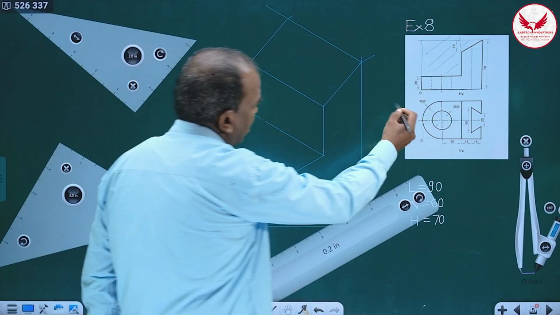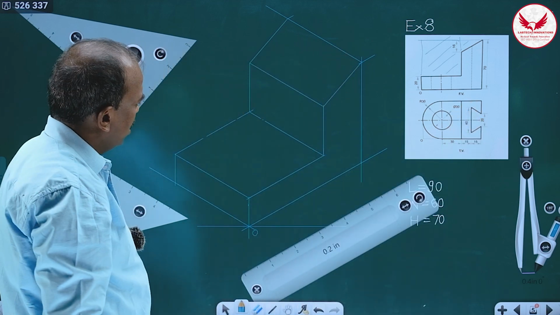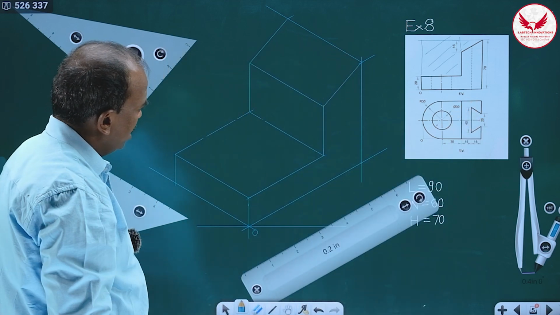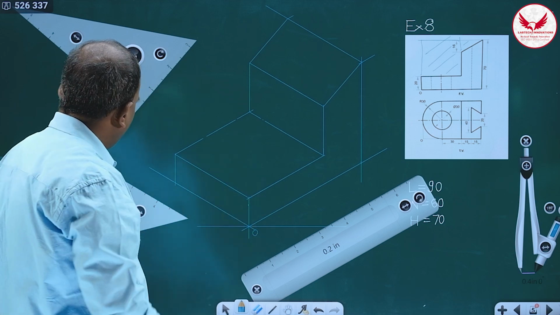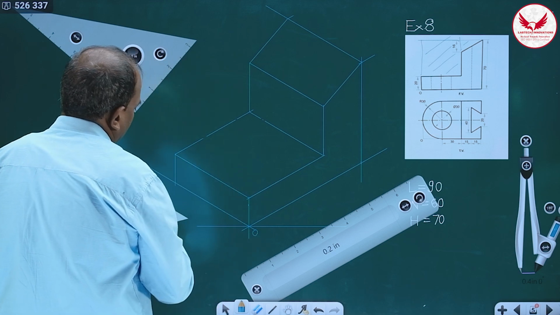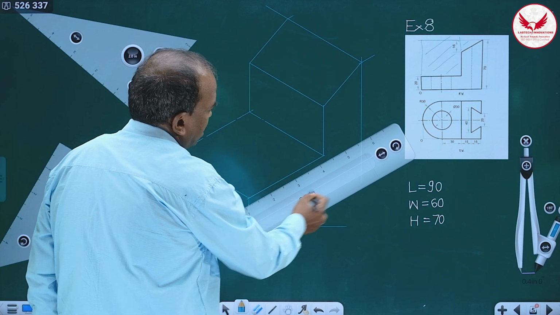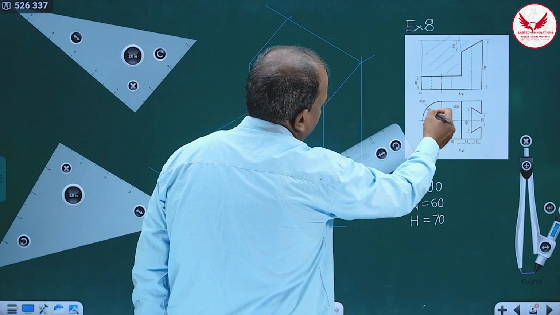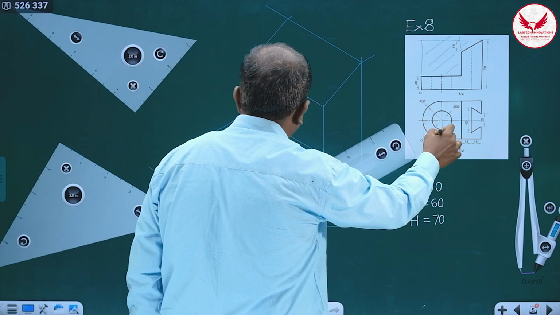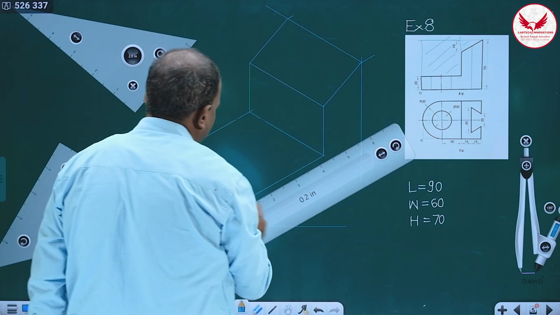Outer portion means this semi-cylindrical portion and this slot. That slot is not tough. Initially we'll draw this semi-cylindrical portion. For a semi-cylinder, always what do we have to do? Simply we have to mark. The size of the semicircle is 60, means radius is 30. First mark this center, and this center is perfectly at its center.